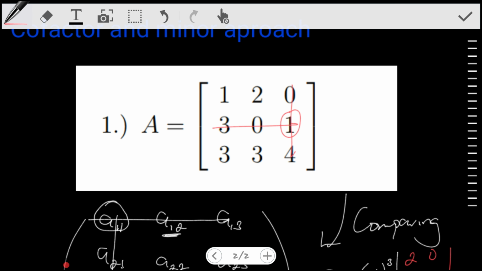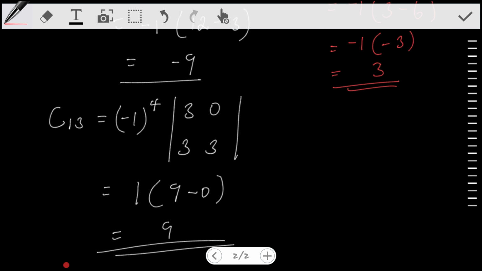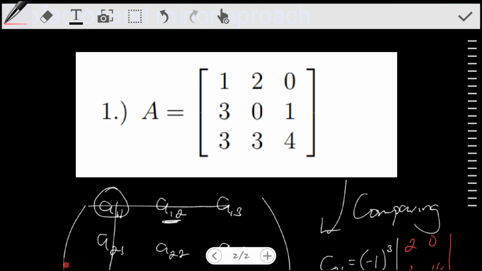Now let's go to one more, and now we are going to the last row, which in this case has 3 3 and 4. That will be C31, which will be equal to negative 1 to power 4. Then let's see the minor matrix.